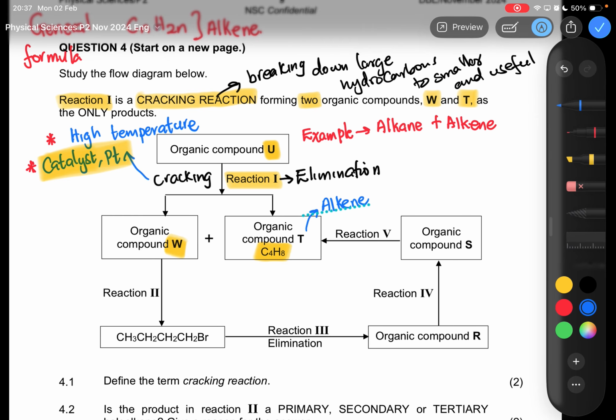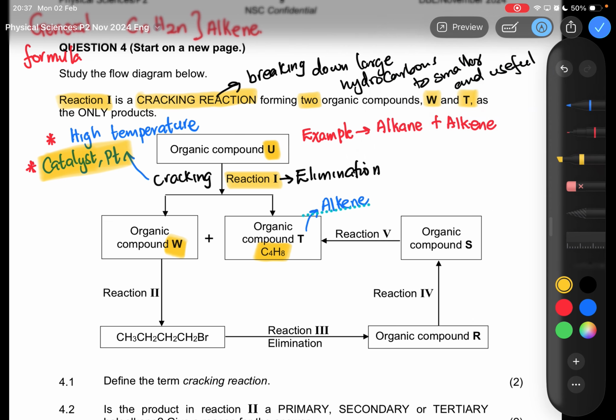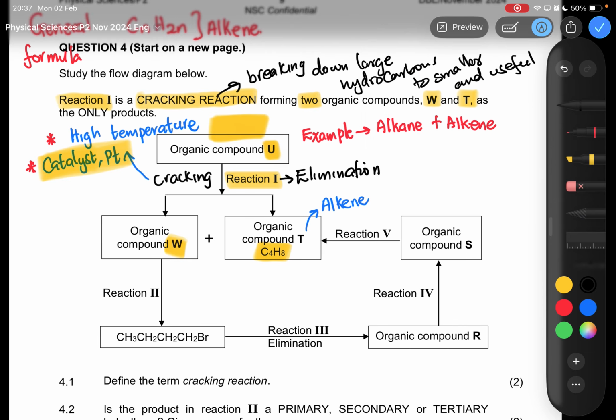And I must say, if cracking happens, it means that we are talking about large alkanes. Why am I writing this S here?